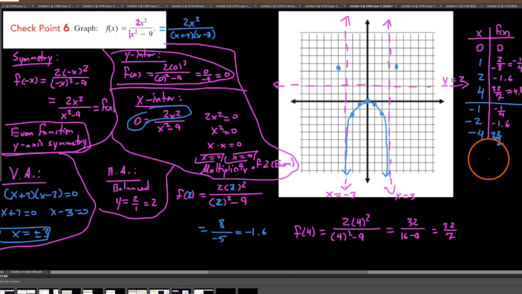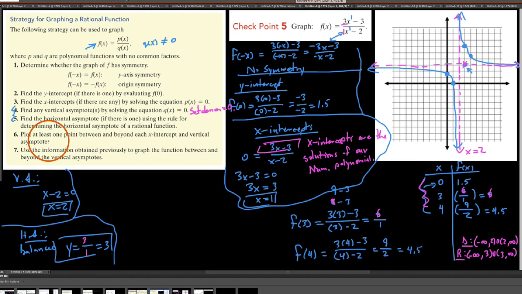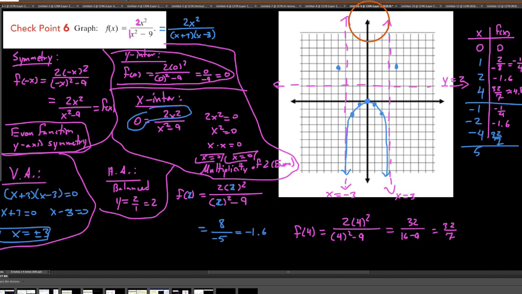In this particular case, I feel bad because our table on the other page says to plot at least one point between and beyond each x-intercept and vertical asymptote. I think it's appropriate to plug in 5 just to see where it would be. If we plug in 5, we get 2 times 5 squared all over 5 squared minus 9.